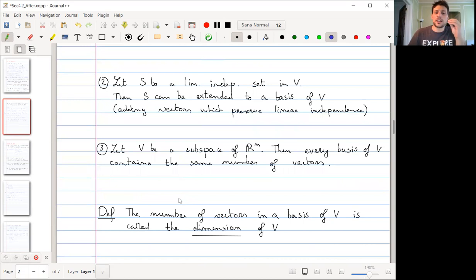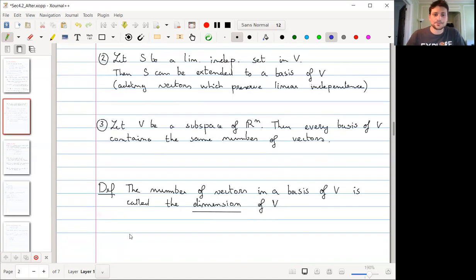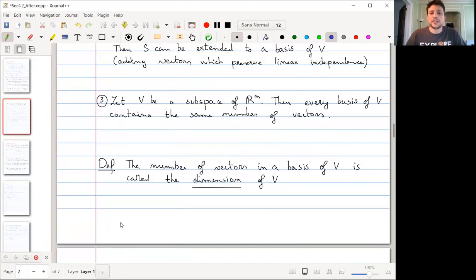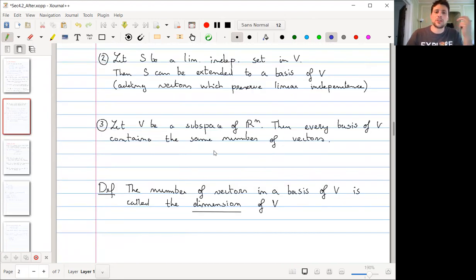This allows us to define the dimension of a subspace. This dimension is exactly the number of vectors that there are in a basis. It doesn't matter which basis I choose, there will always be the same number of vectors. And so I call that number the dimension of my space. In the next video, we'll see some examples and some applications of this concept.